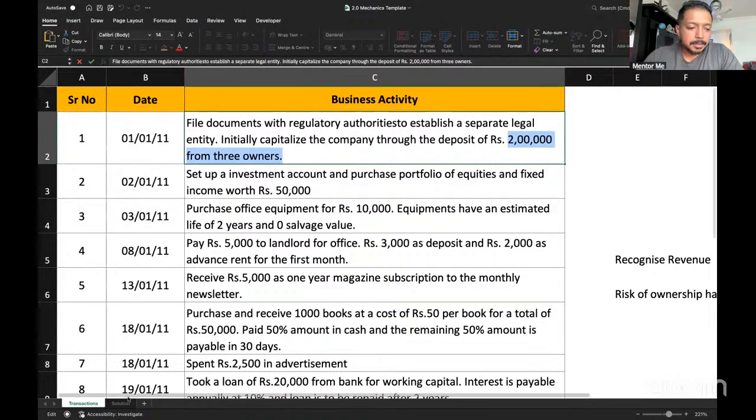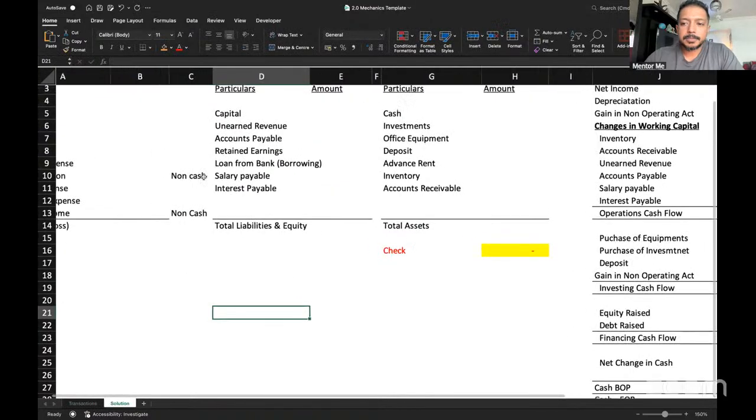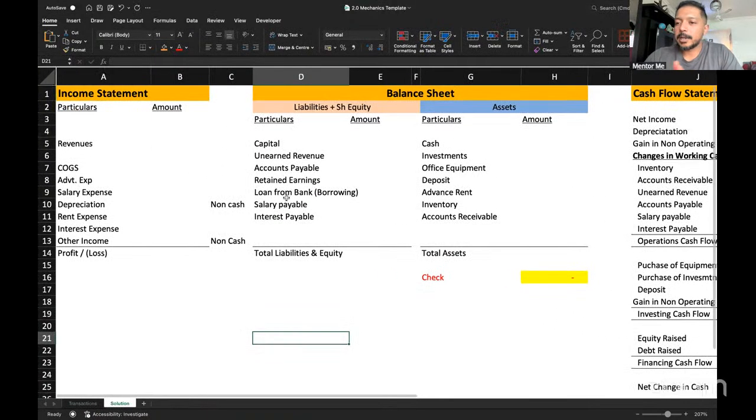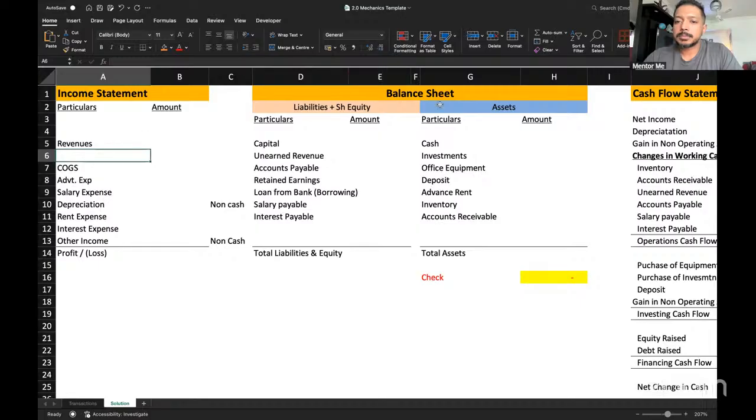So let's come to the three financial statements. First tell me whether the 200,000 that we're putting in the business will go into the income statement or not. And remember what the income statement was about. Was it about capitalizing the company? Was it about performance? What exactly? Should the initial 200,000, 2 lakh rupees that we're putting in, go in the income statement or not?